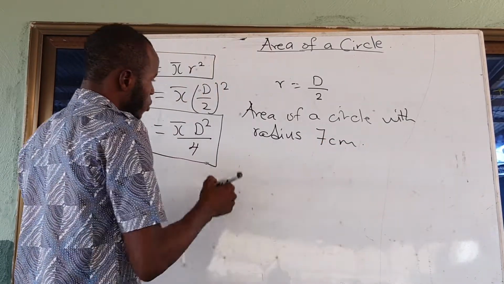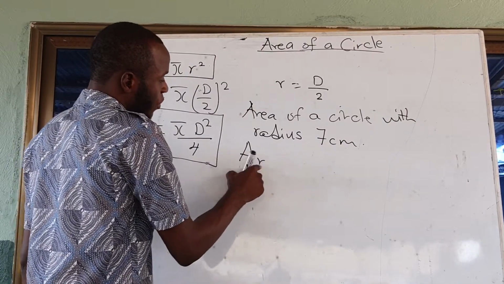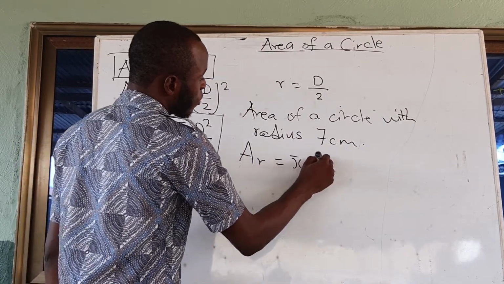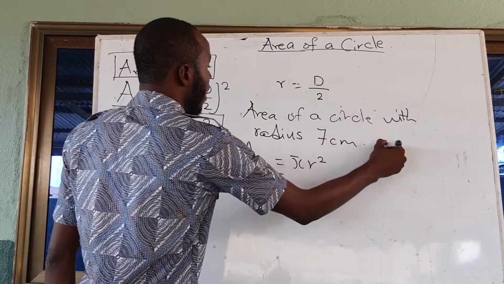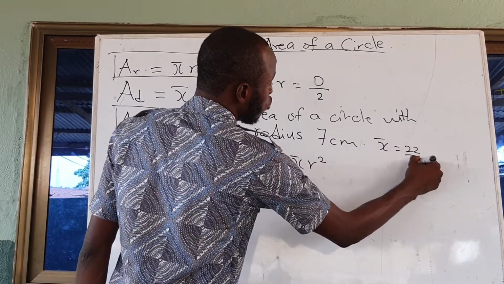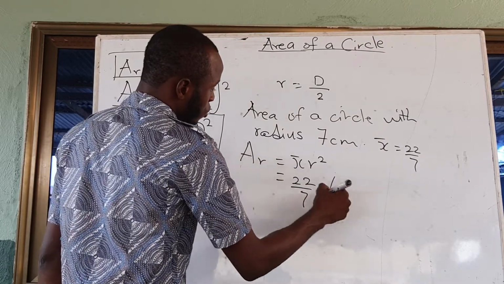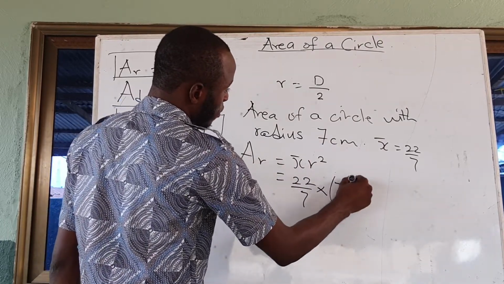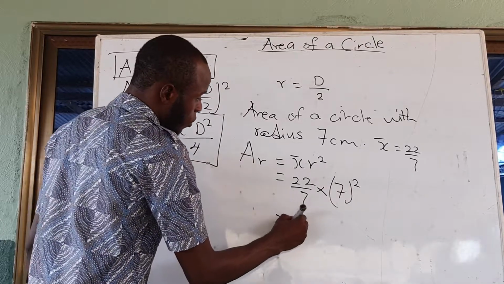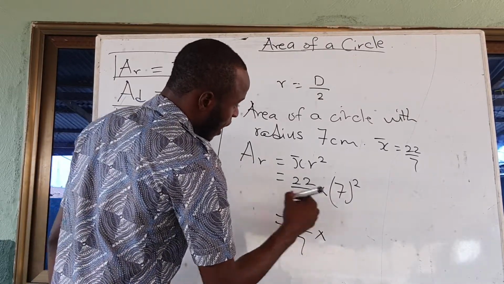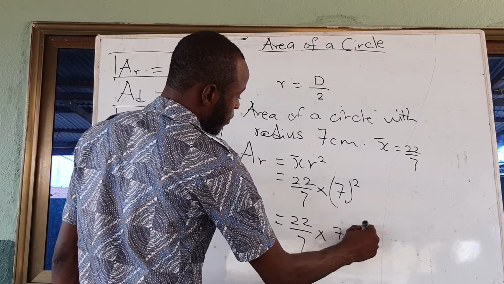We know that the area using the radius is equal to pi r squared, and pi is 22 over 7. So we have 22 over 7 times the radius, which is 7, so 7 squared. From here we have 22 over 7 times 7 times 7.